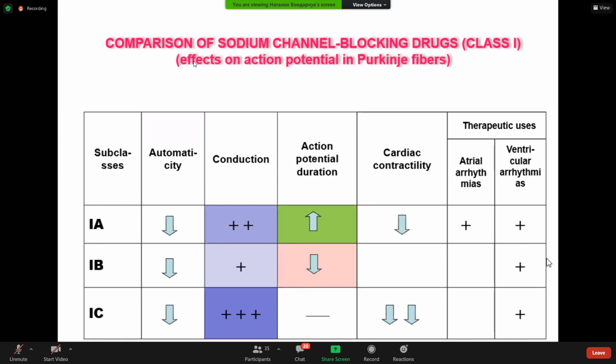The 1B class can be used only to treat ventricular arrhythmias. And 1C in theory can be used in both types of arrhythmia, atrial and ventricular, but such a group of drugs produces so many adverse effects that it's better to use them only in life-threatening ventricular arrhythmias.